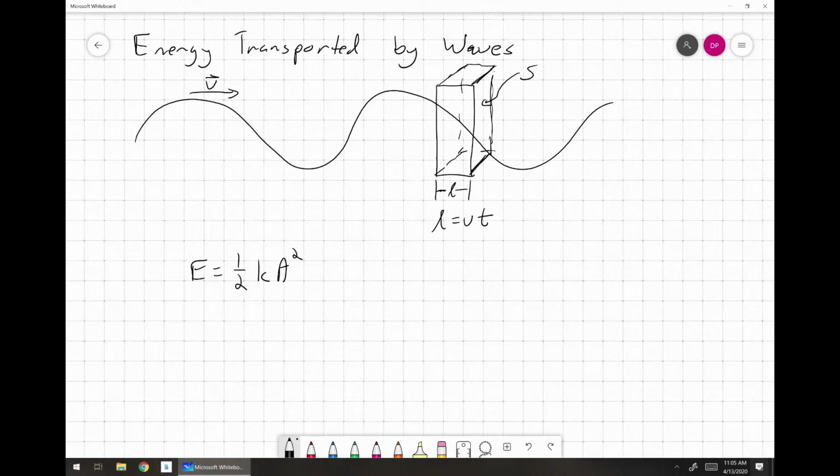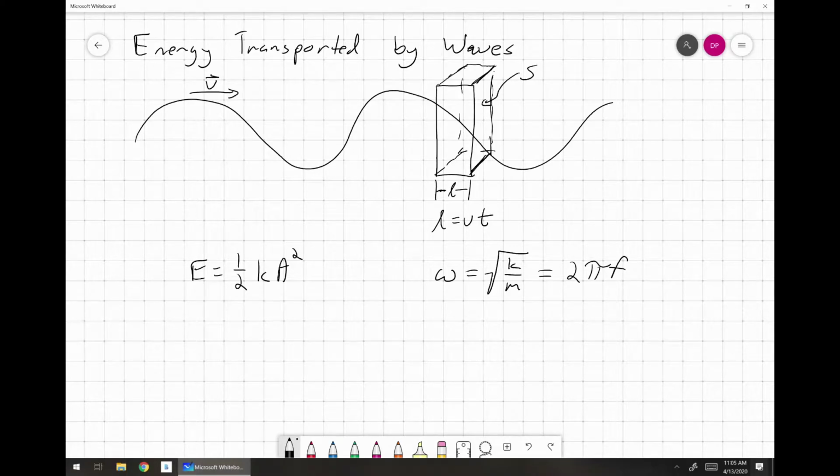So that was what we've shown already back in chapter 14. We also showed that omega, the angular frequency of the motion, is equal to the square root of k over m, and that this is also then equal to 2 pi times the frequency, right?